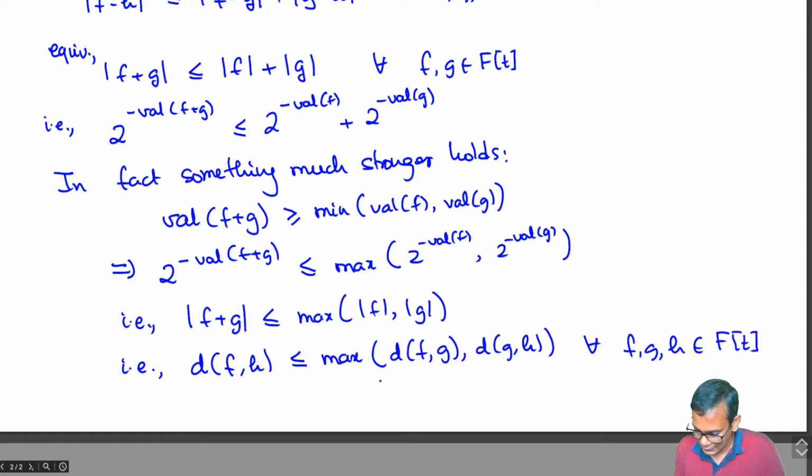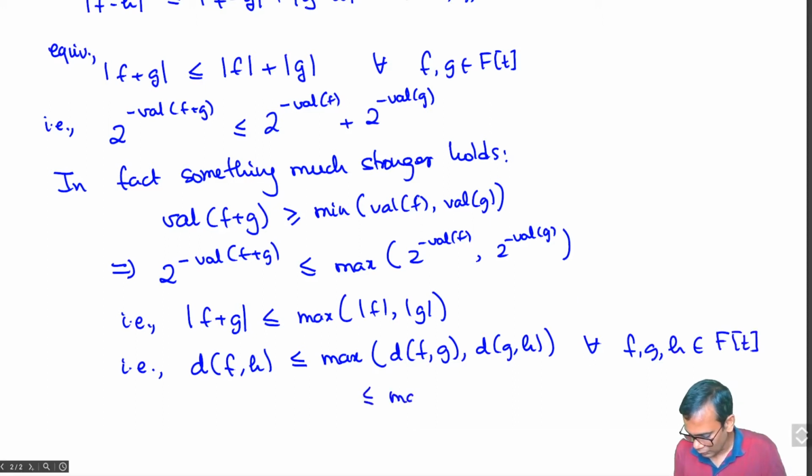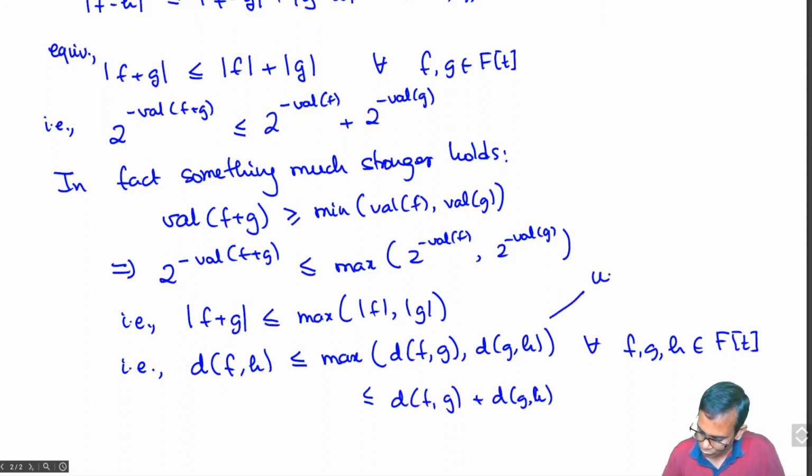This of course is less than or equal to the distance fg plus the distance gh. So this implies the triangle inequality, but it's actually a stronger inequality, and this inequality is called the ultrametric property.